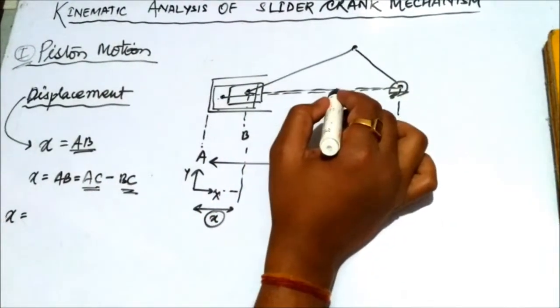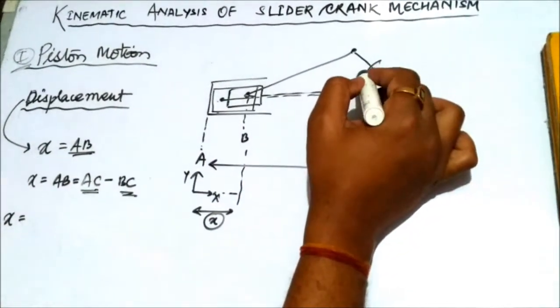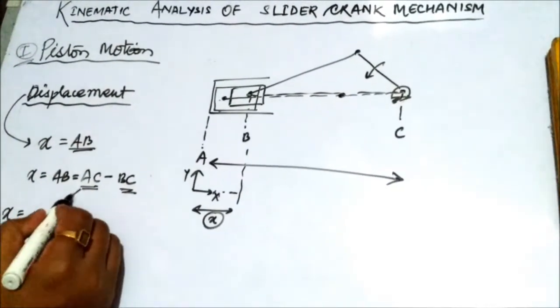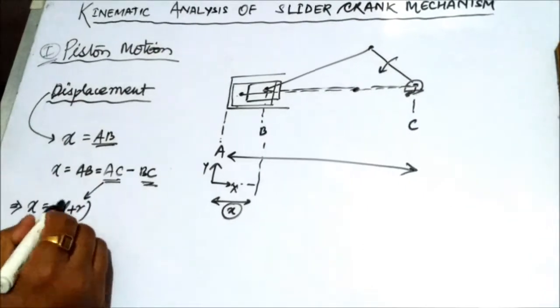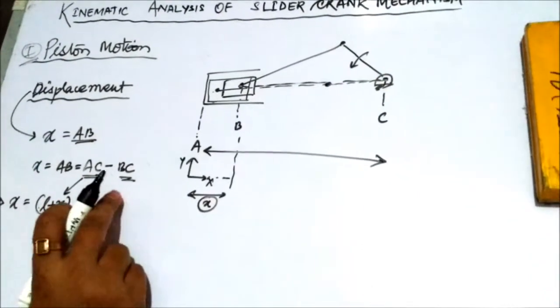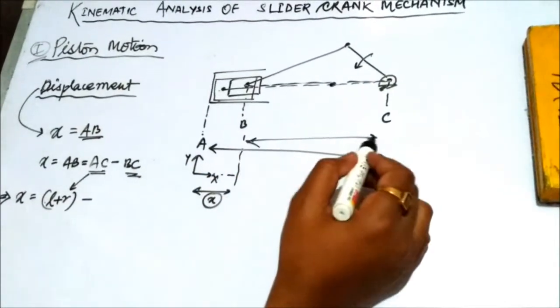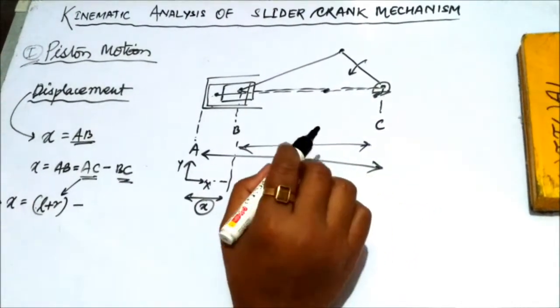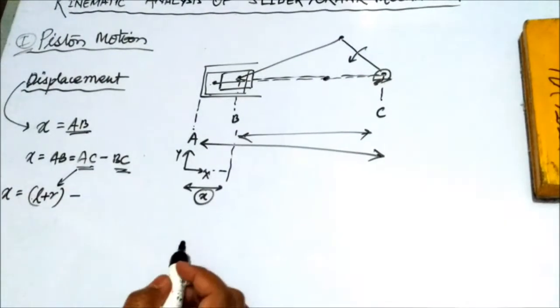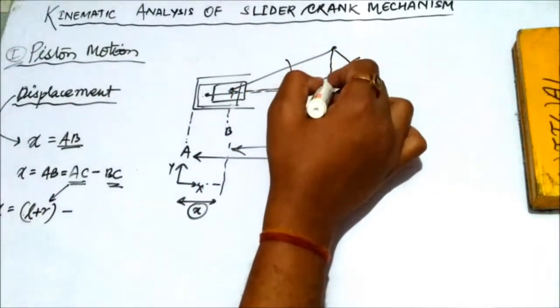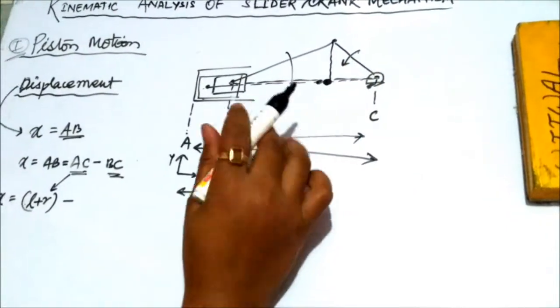So the x value will be equal to AC minus BC, and AC is L plus R, since it's the top dead center. Now BC is at inner dead center or bottom dead center. We have drawn the perpendicular from that, so it is L cos beta.